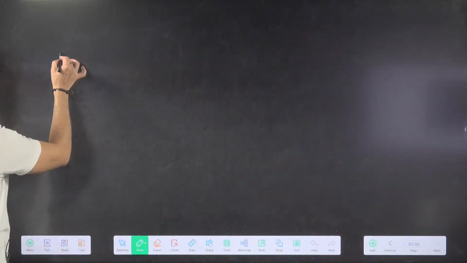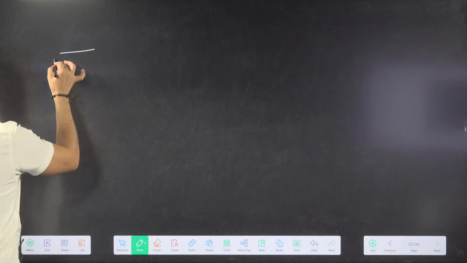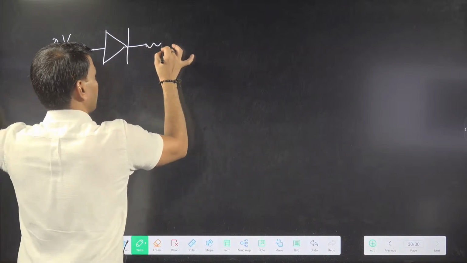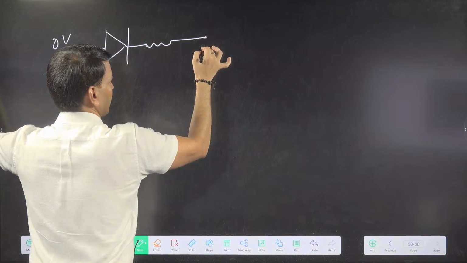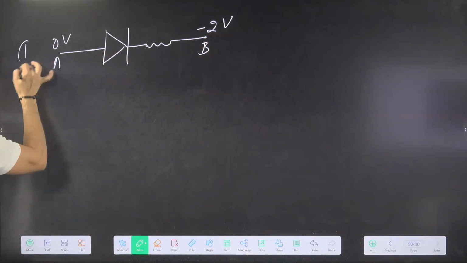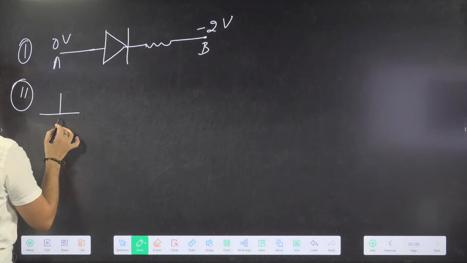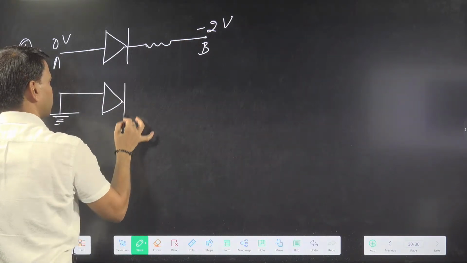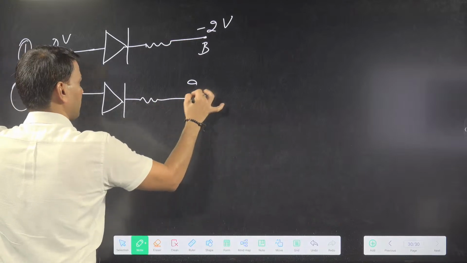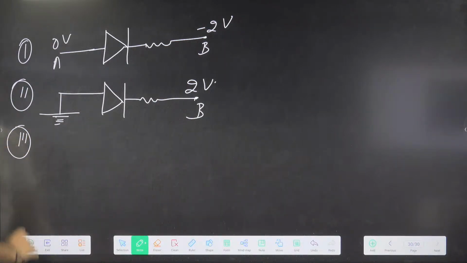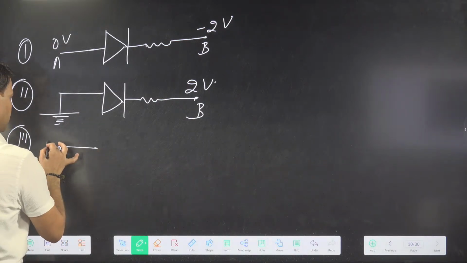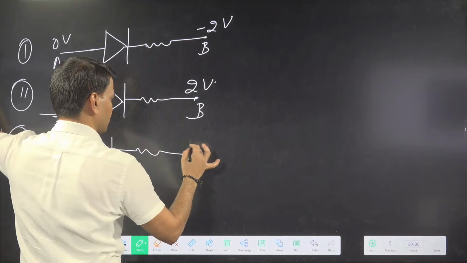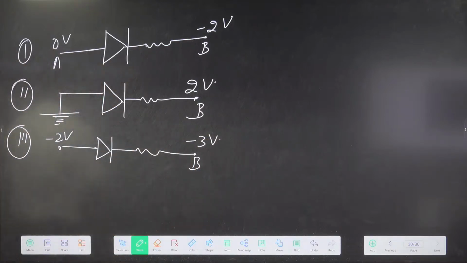Okay, so this type of question has already been asked. Suppose I am saying, which is the forward biasing, which is the reverse biasing?